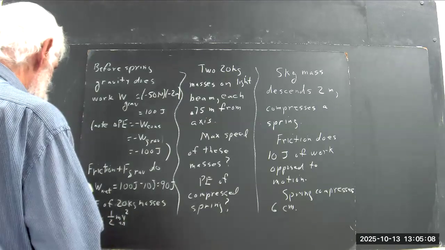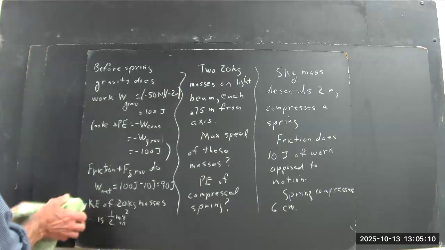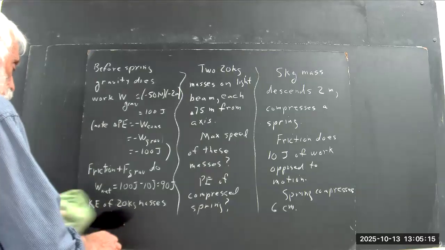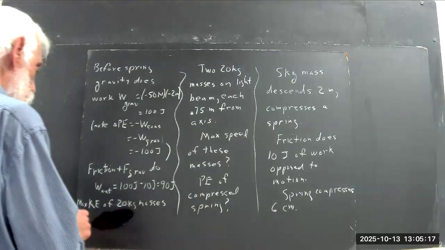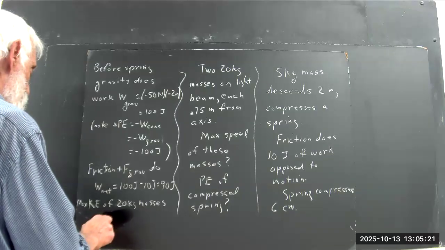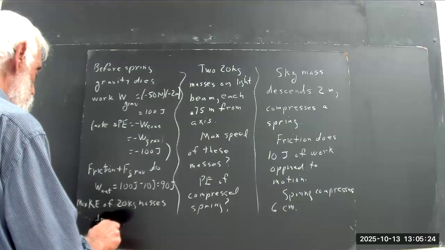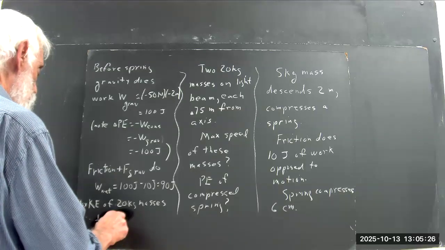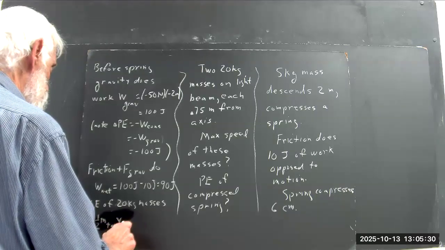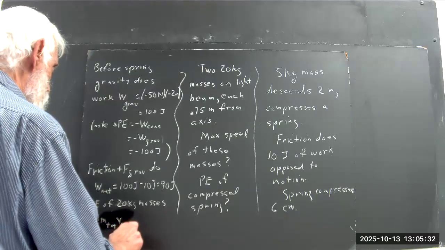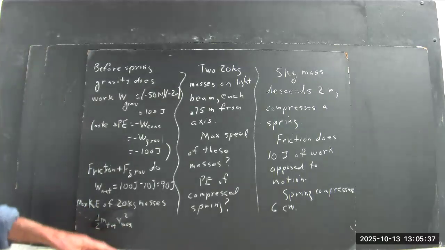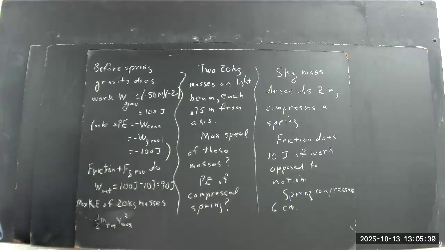I better write that a little more clearly, although it's written so beautifully. I hate to do anything less beautiful. I'm going to write 1/2 the total mass. That's important to understand, important to remind yourself.